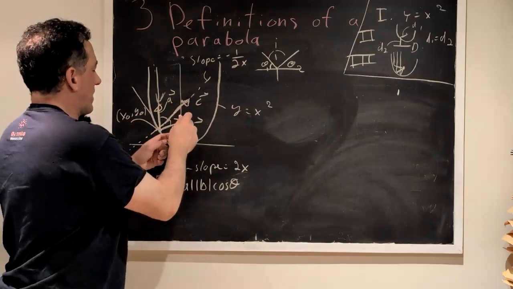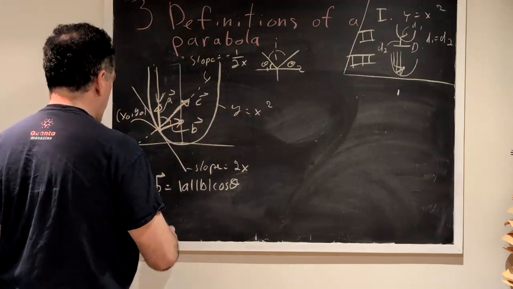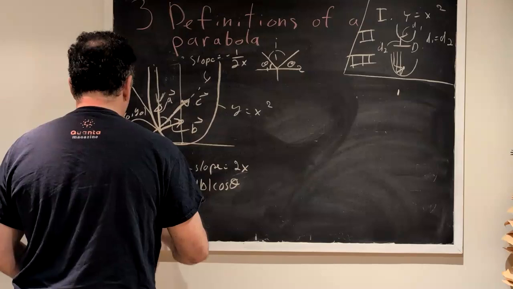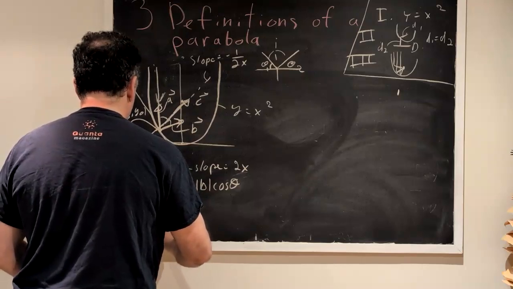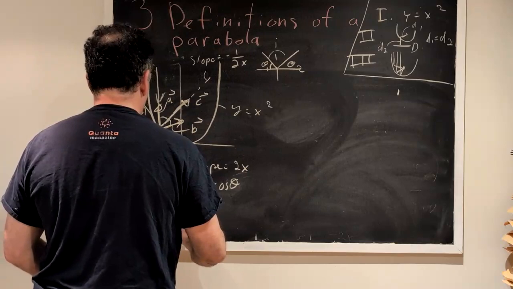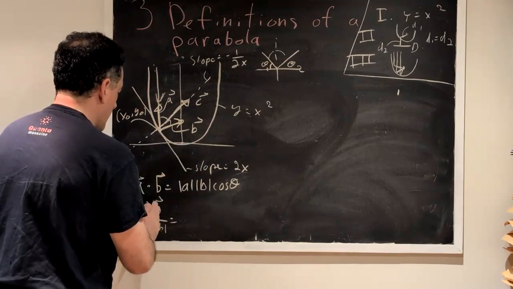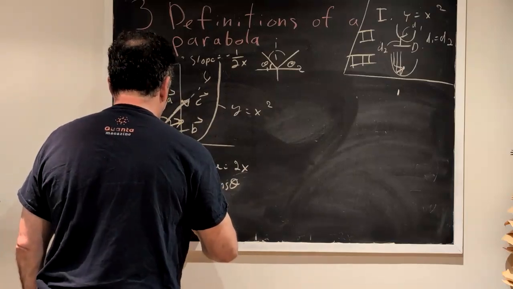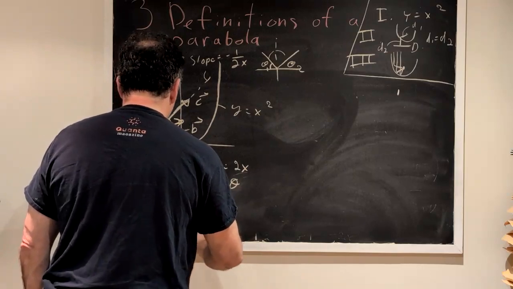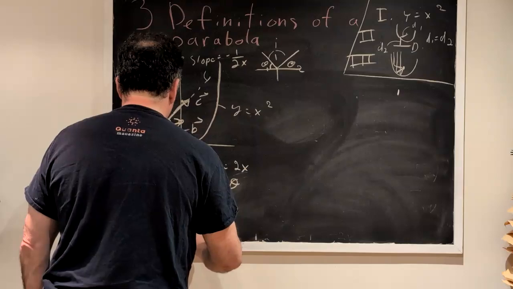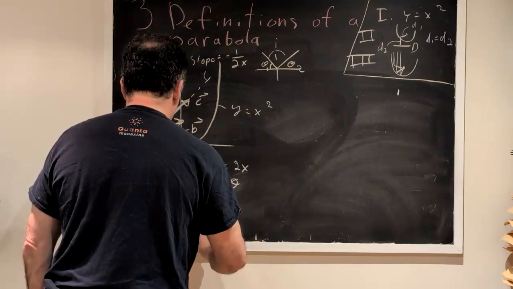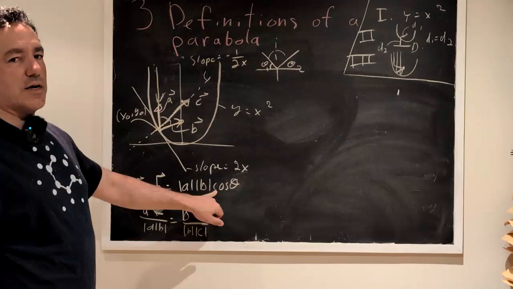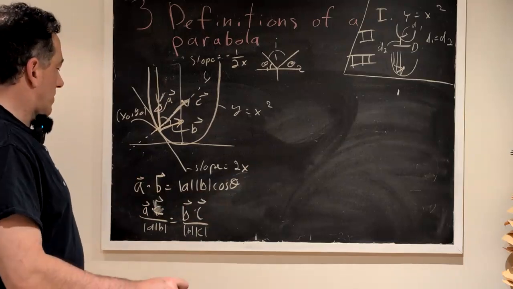And if the cosine of the angles is equal, this means that A dot C over the norm of A times the norm of C is equal to B dot C over the norm of B times the norm of C. So it's basically saying that the cosine of the two angles are equal.